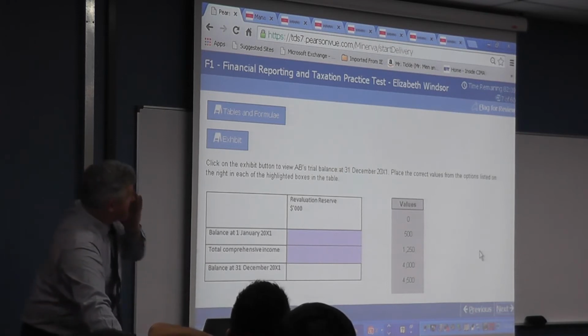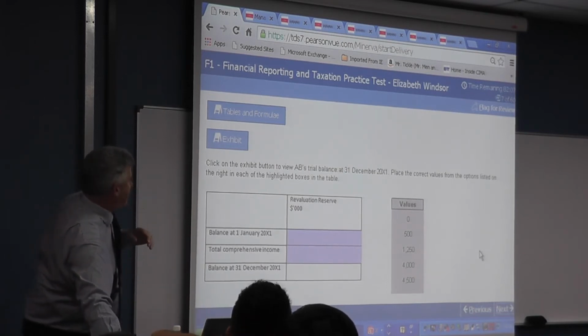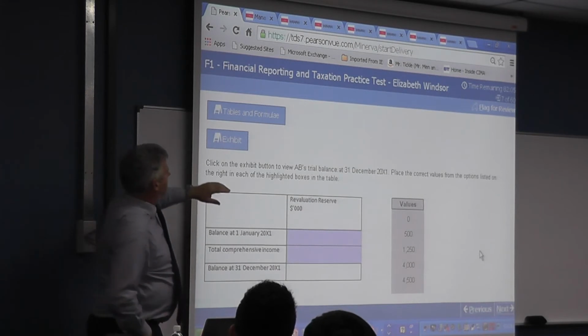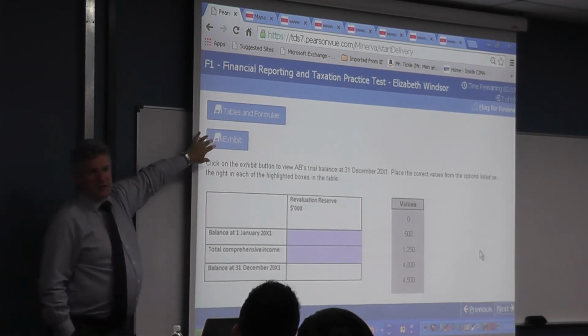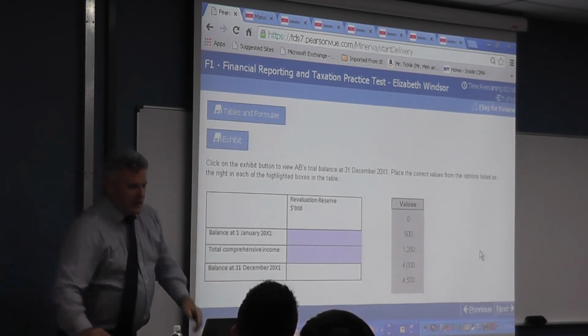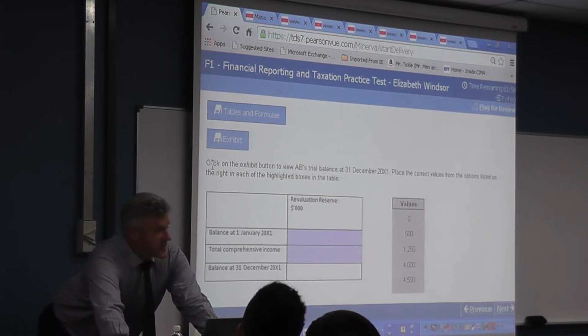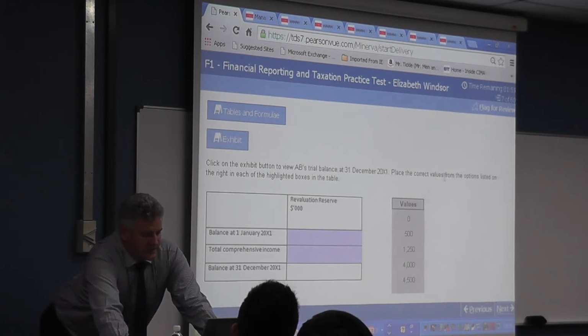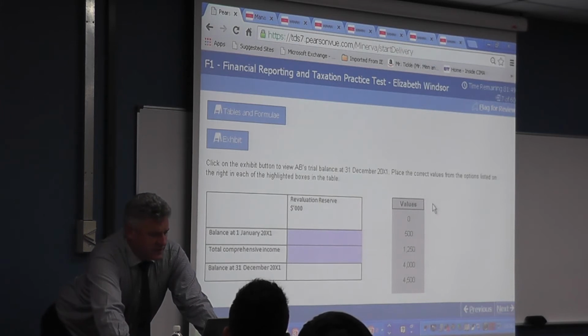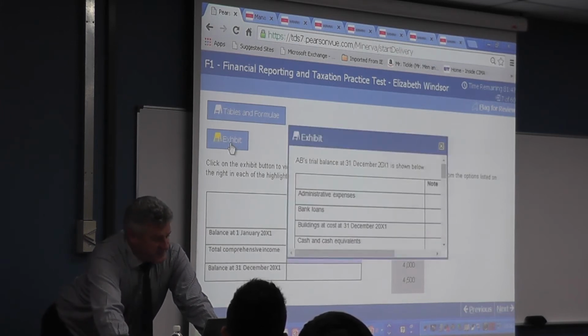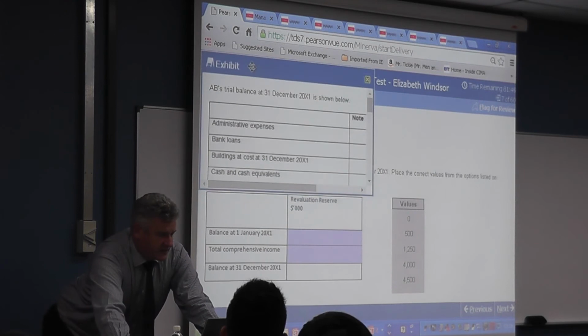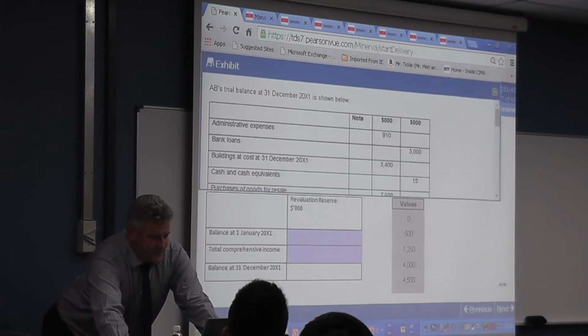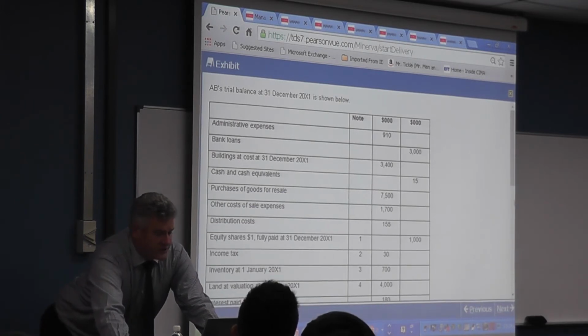All right, question 7 is one that, while I'm looking at financial reporting, financial accounting. Another box that's up here. Okay. If you can see the words, it says click on the exhibit button to view the trial balance. Place the correct values from the options listed on the right in each of the highlighted boxes in the table. The exhibit, I click that open, I can drag it around, I can widen it, I can drop it down, and I've got a trial balance there.